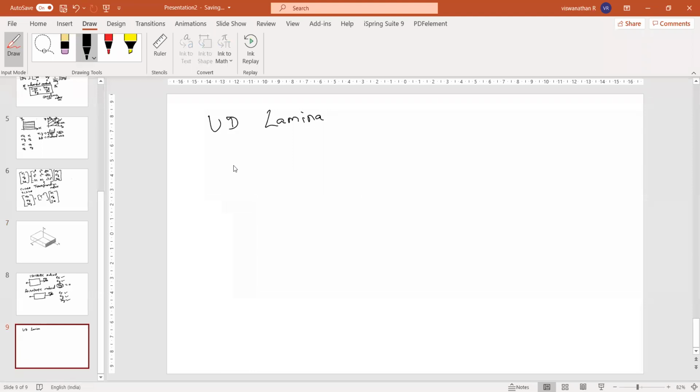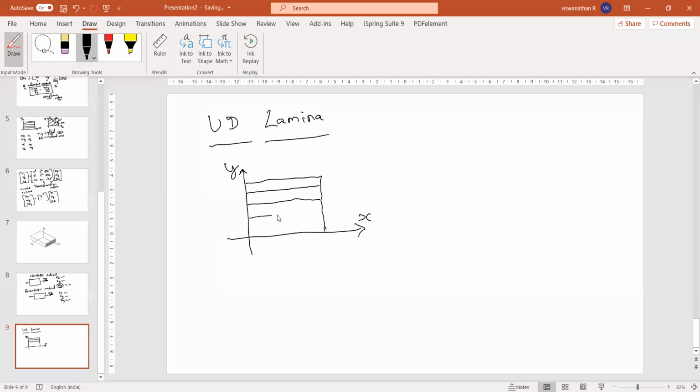Now there are two cases in a UD lamina which we come across. First one: this is X, this is Y, and the fibers are along this direction.